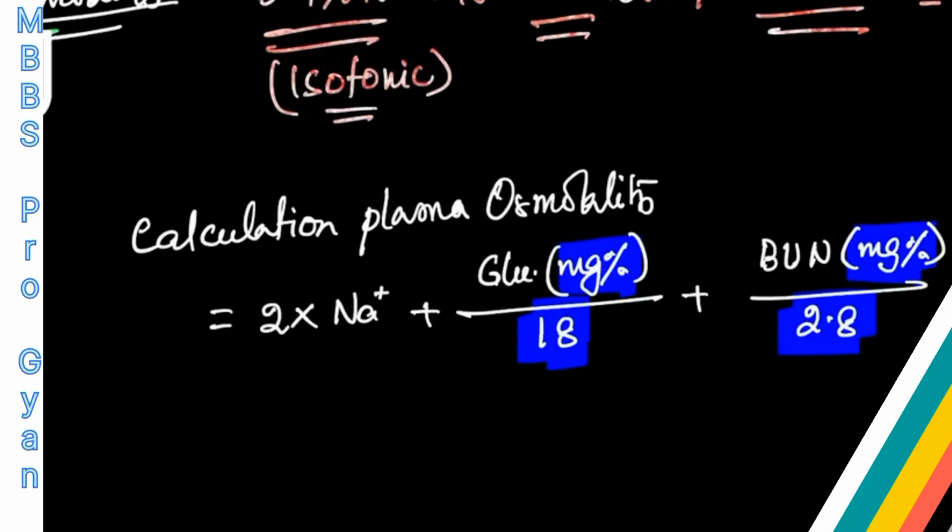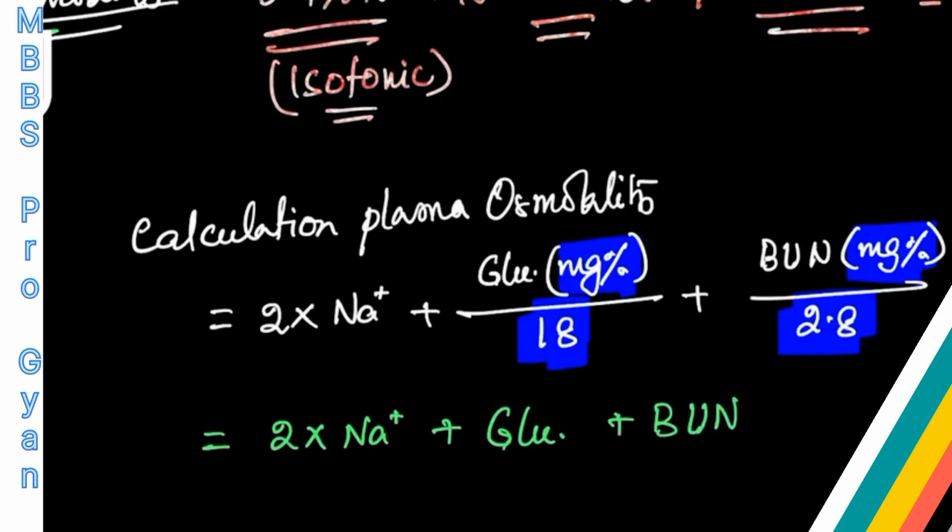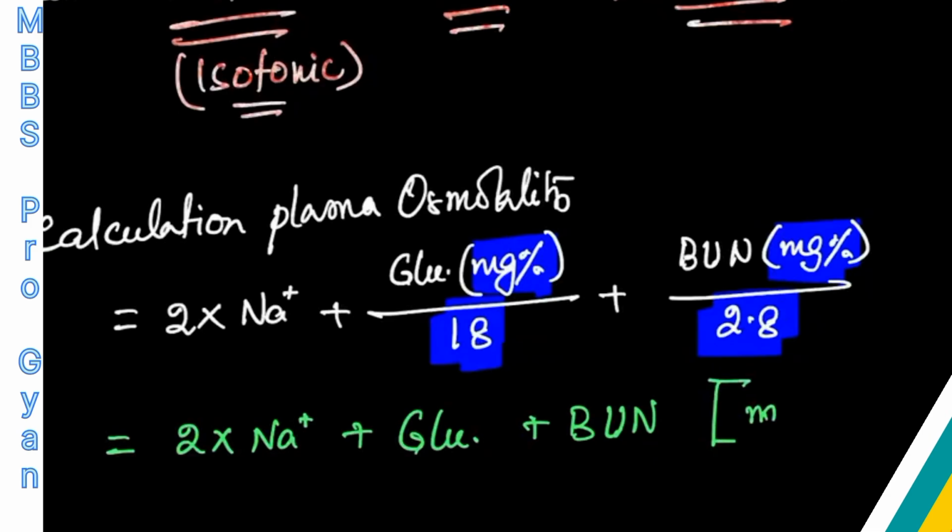But please remember, if glucose, blood urea nitrogen and sodium are all given in SI units, that is millimole per liter, then the formula will be: 2 multiplied by sodium ion concentration plus glucose plus blood urea nitrogen, all in millimole per liter.